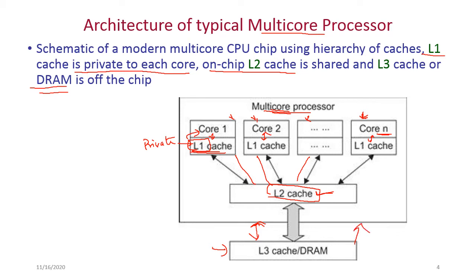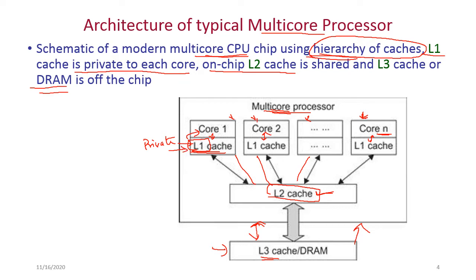So we have three different levels of cache, hence this is called a hierarchy of caches. This multi-core processor uses a hierarchy of caches.